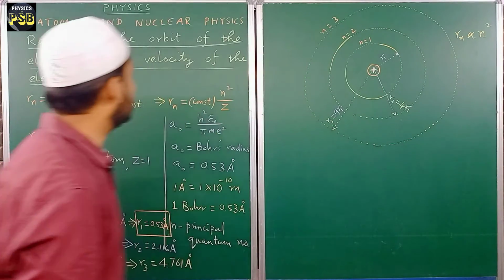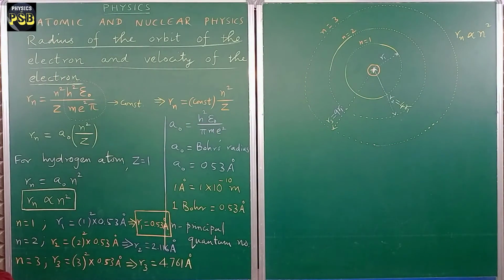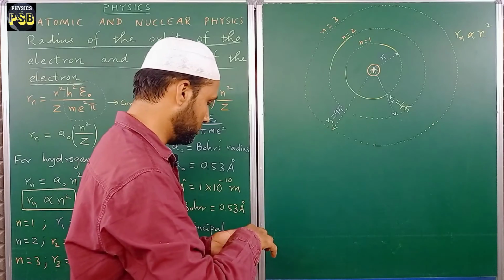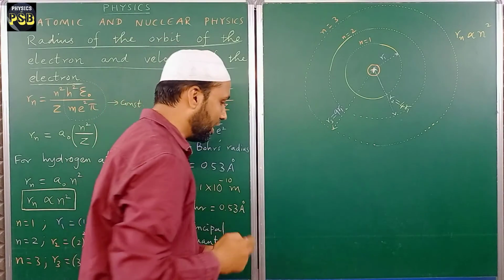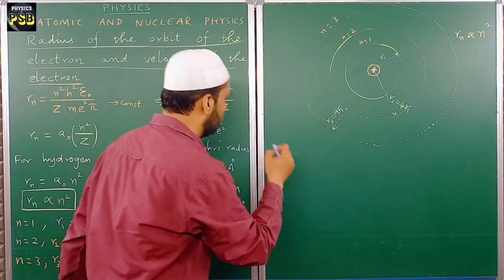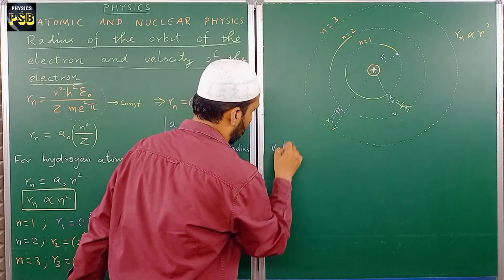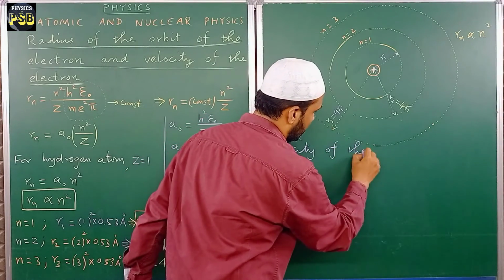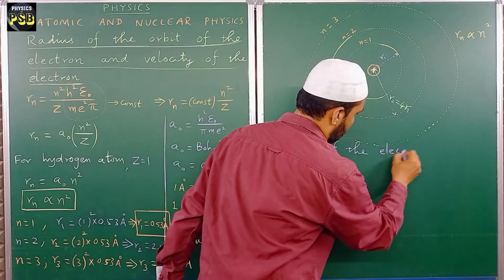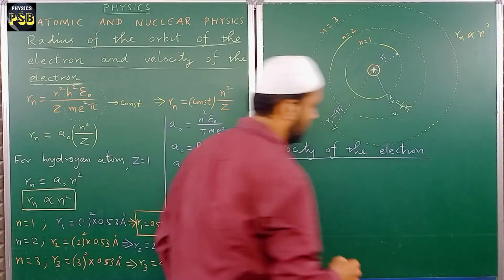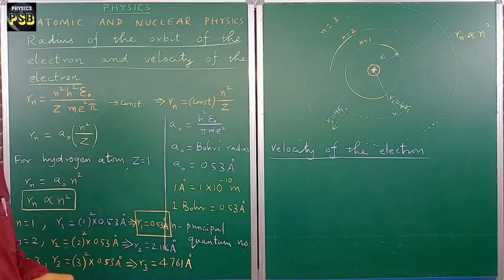Now I am going to get the expression for the velocity of electron in any given orbit of the atom. So to get that, I start with Bohr's angular momentum quantization condition. Velocity of the electron in an atom, in the orbit of an atom.